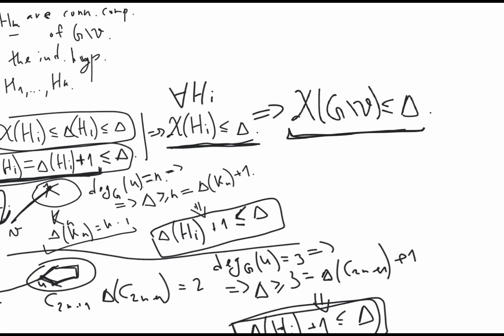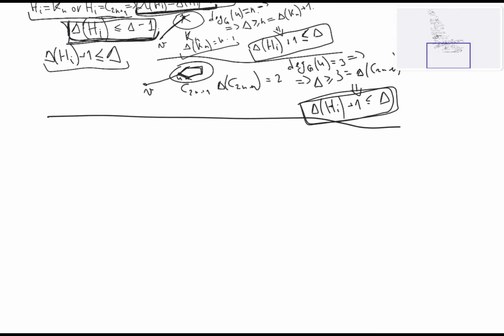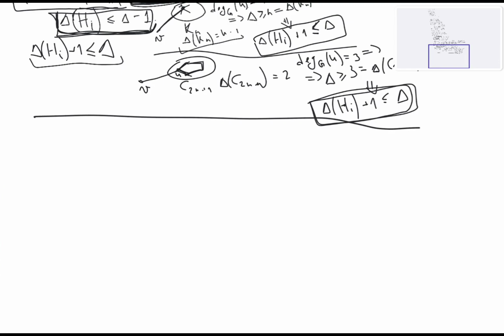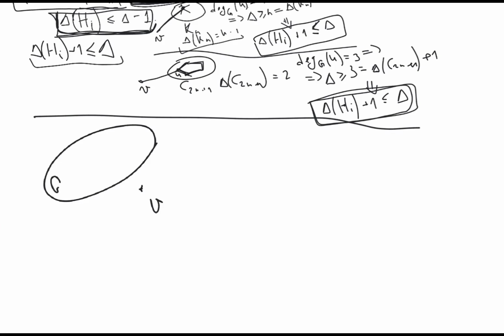So if it holds for all connected components, then it holds for the whole graph g minus v. So basically we proved now that if we remove any vertex from the graph, then he of g minus v is less or equal than delta. That's what we proved.